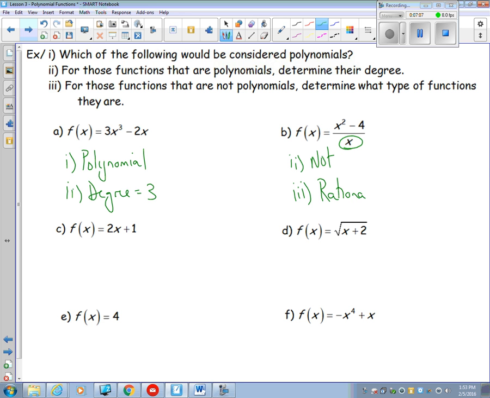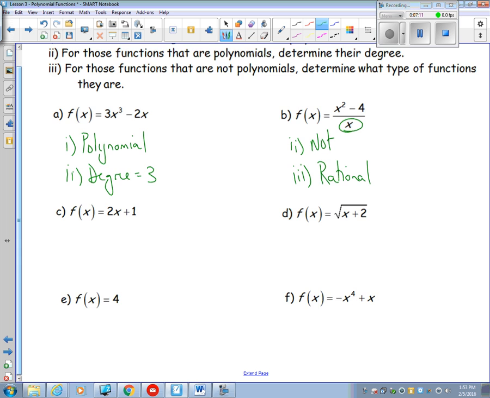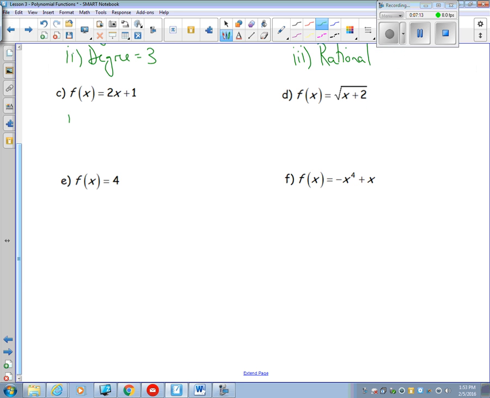That's the name for it, an x on the bottom. Letter C definitely is a polynomial, and it has a degree, I'm just going to use DEG for degree here, of 1. I don't see it, but there's a little exponent of 1 right there. It's a linear function.